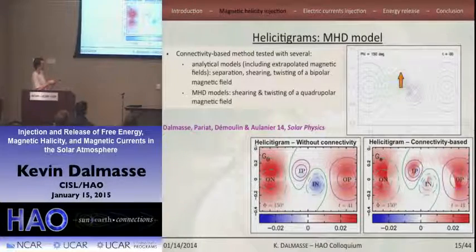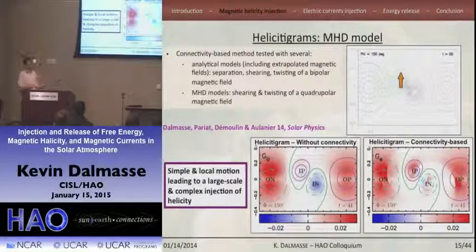And this shows you basically that the strong negative fluxes that you are observing here in G theta are spurious signals. And they are spurious signals because G theta does not take into account the notion of field lines. One other important thing that I want to mention here is that even a simple local motion of a magnetic polarity can lead to a large scale and complex injection of magnetic helicity.